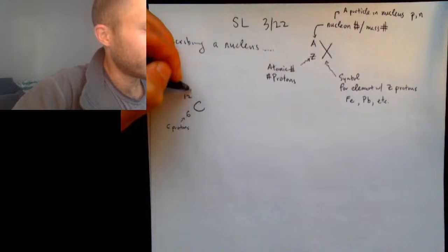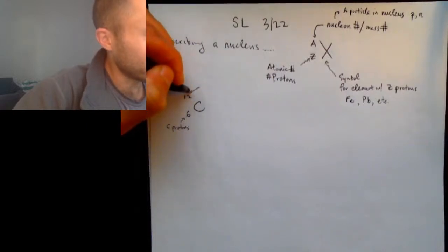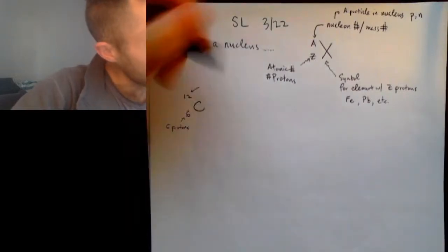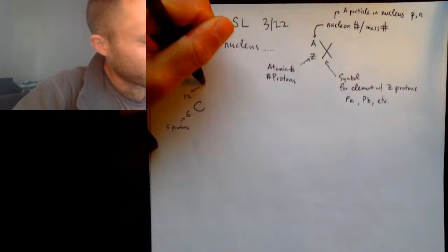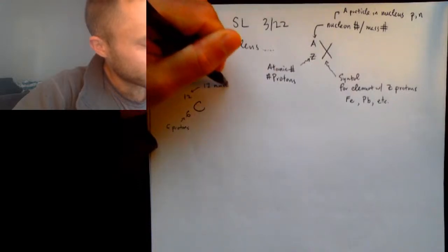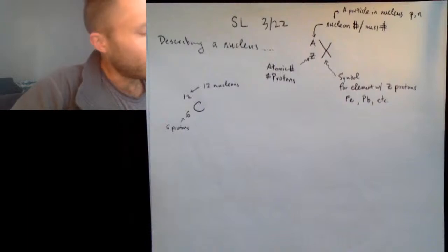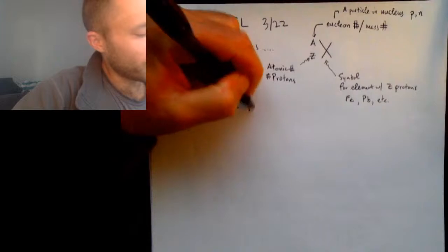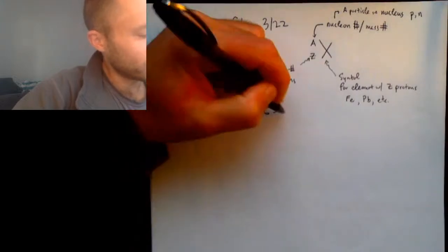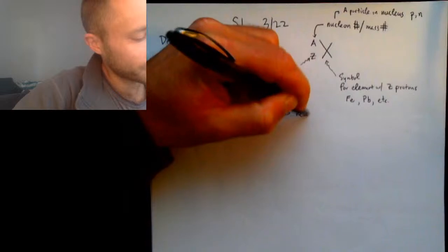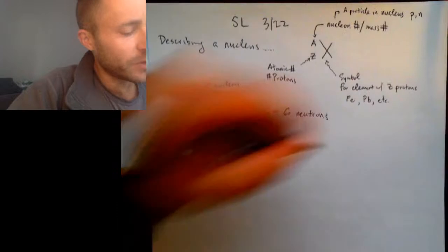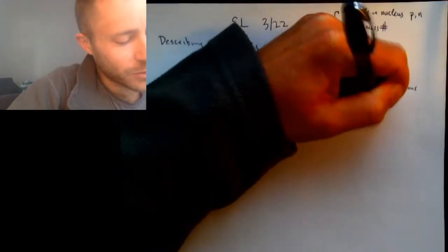We've got a total number of nucleons of 12. And so what that means is that there are 12 minus 6 equals 6 neutrons. So basically, the number of neutrons is going to be equal to A minus Z.